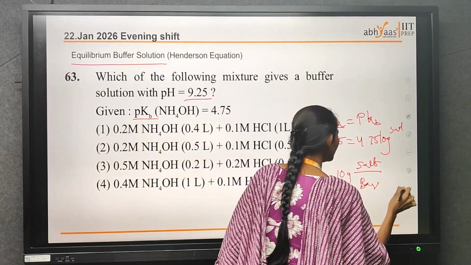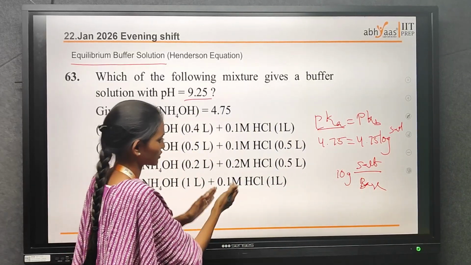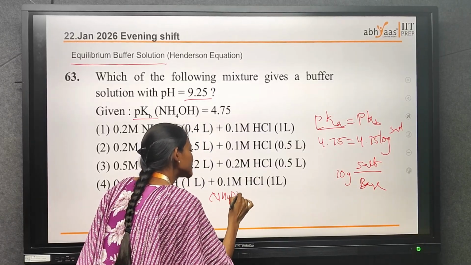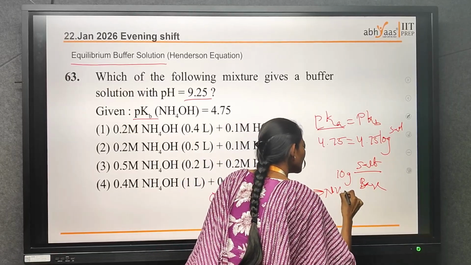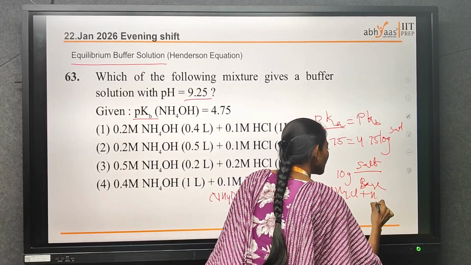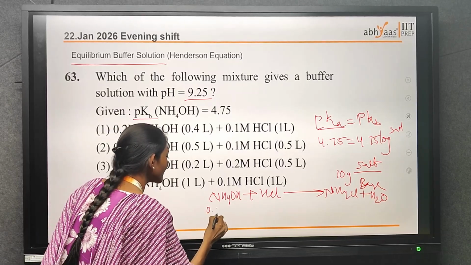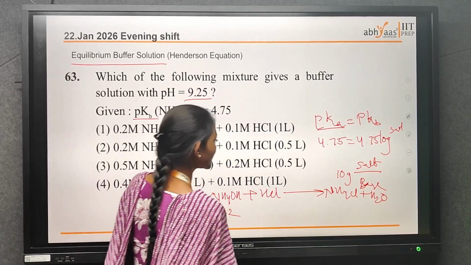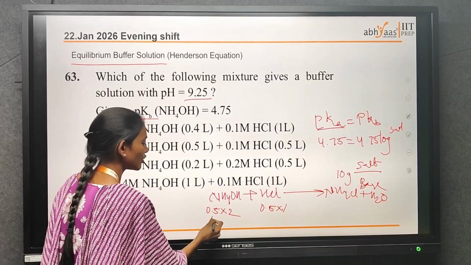When you apply here, see, it needs to be the equivalent amount of reactants. See, you are having that reaction, NH4OH is reacting with HCl, what you are getting? Ammonium chloride, right? H2O. See, they have given for ammonium hydroxide 0.5 into 2. This is for HCl, they have given that 0.5 into 1. Hence, here you are getting how much, Nana? 100.